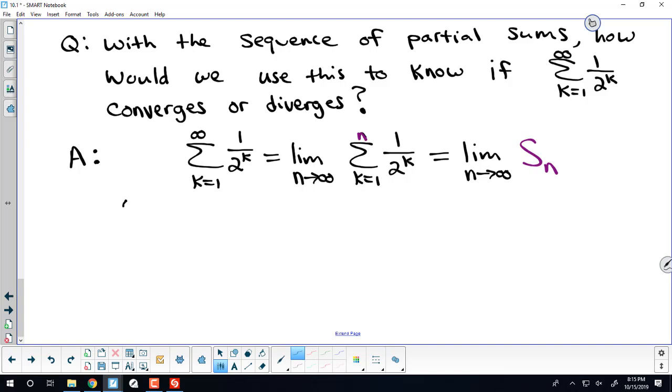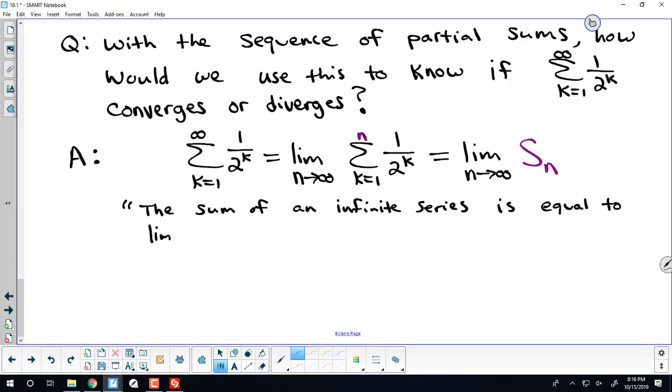So we'll say this in words: the sum of an infinite series is equal to the limit as n approaches infinity of the nth partial sum, the sequence of partial sums.